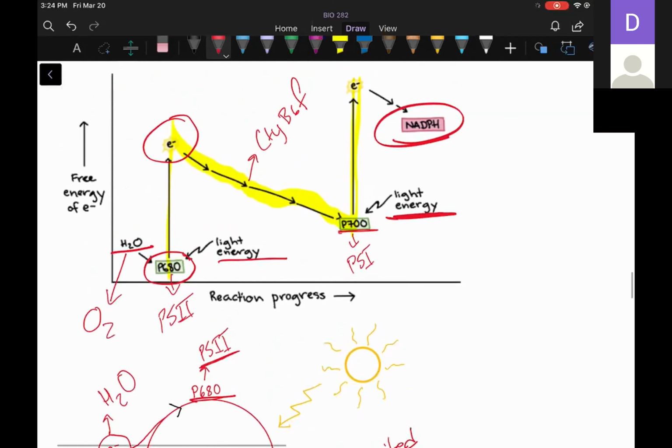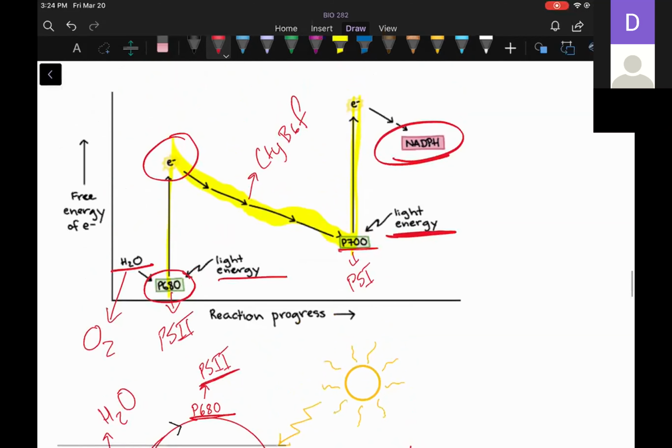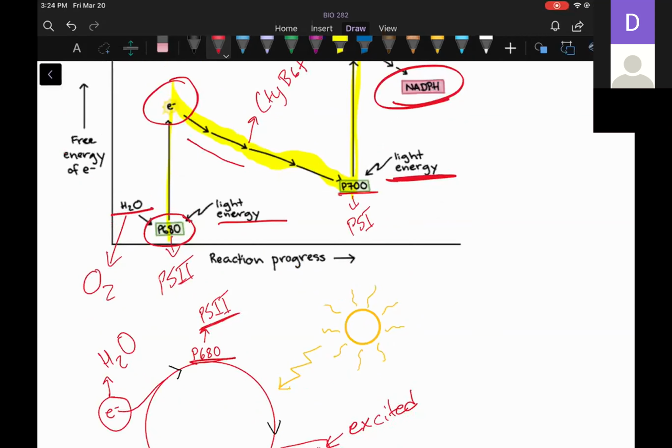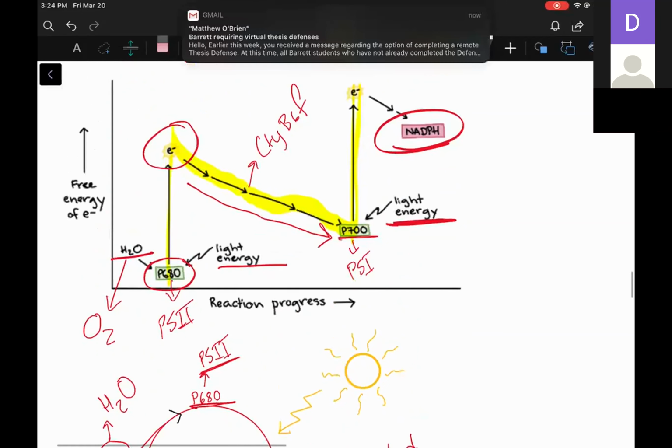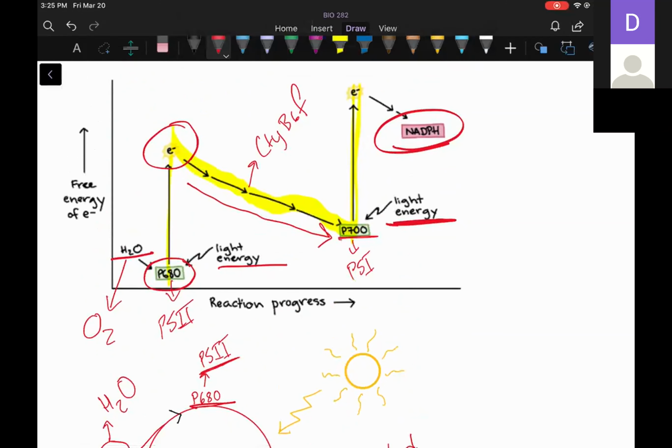So it's going to go from P680 to a higher energy state of those electrons. And then those electrons are going to go to photosystem 1. They're going to travel down all these complexes right here, and they're going to end up at photosystem 1. Once the electron gets to photosystem 1, it will become excited again, and it will ultimately go to NADPH.